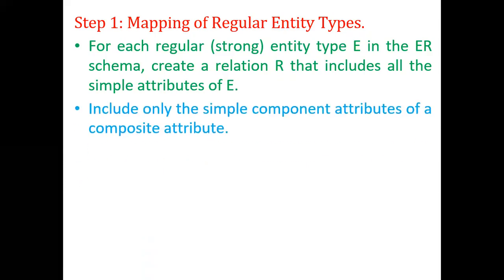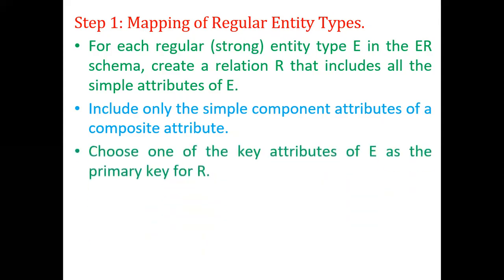And if we have a composite attribute, then we need to include only the simple attributes of that composite attribute. For example, if we have name, which is a composite attribute, what are the simple components of name? First name, middle initial, last name. So we need to include first name, middle initial and last name, not directly the composite attribute name.